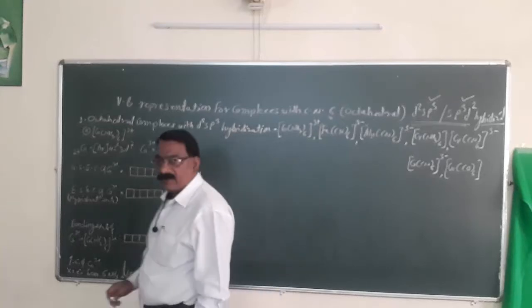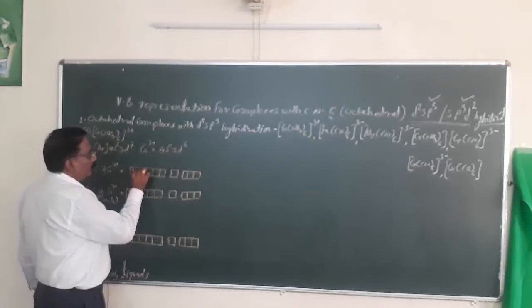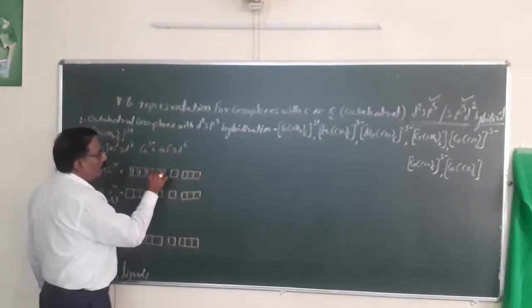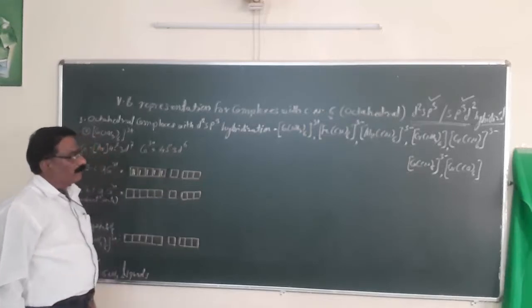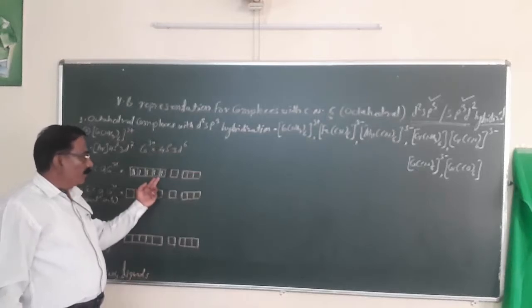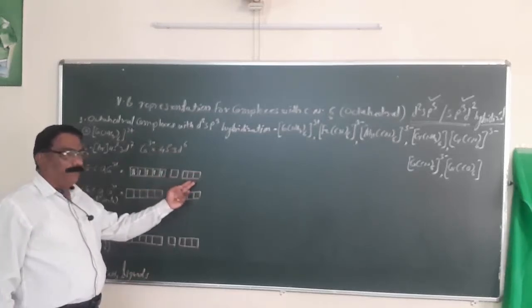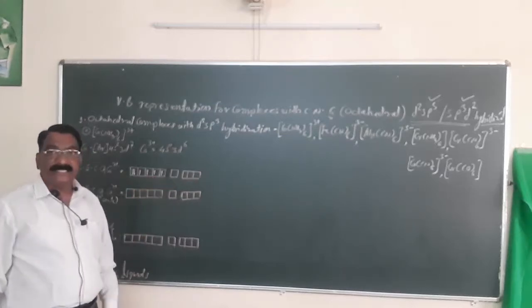So here we are going to see 6 electrons: 1, 2, 3, 4, 5 and 6. Here the hybridization is d2sp3, that means 2 d orbitals, 1 s orbital and 3 p orbitals take part in the bonding and those orbitals must be empty.